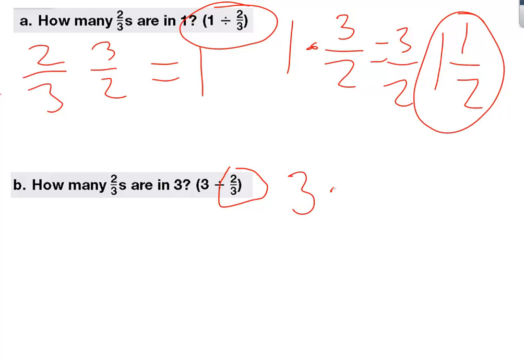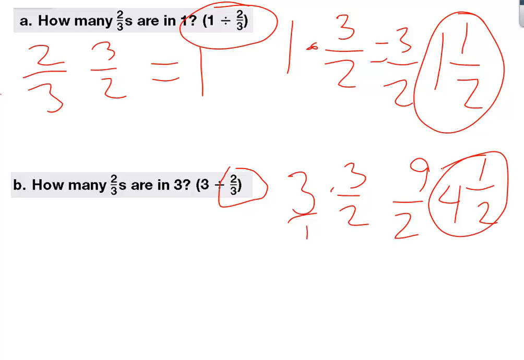So we're going to take 3 times 3/2, which equals 9/2. 2 goes into 9 4 times to make 8, which leaves 1 over. So 4 1/2 is our answer for B. Let's practice this a few times. That's just using whole numbers. But it's important that you know that you flip the divisor and not the dividend.